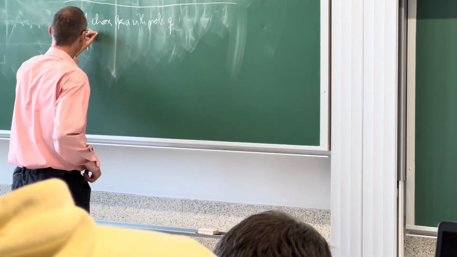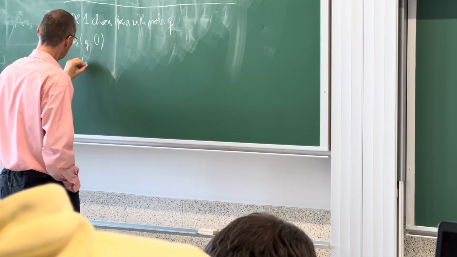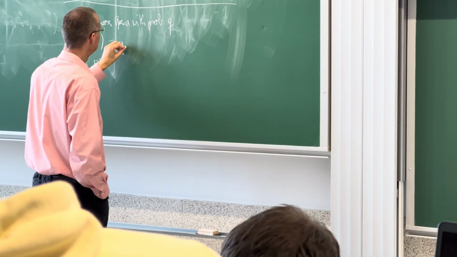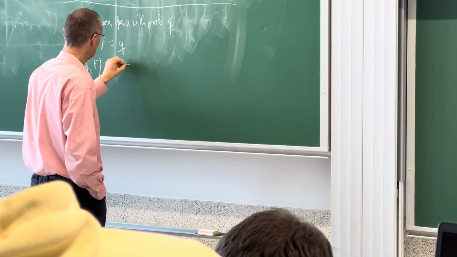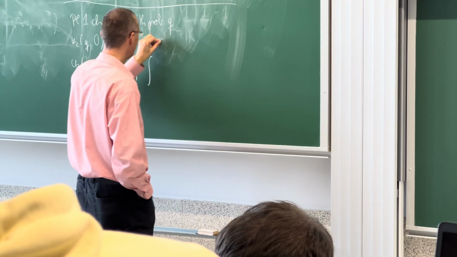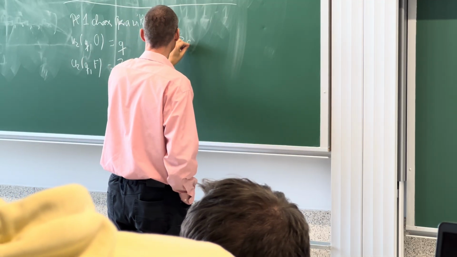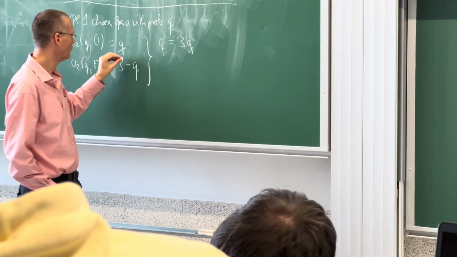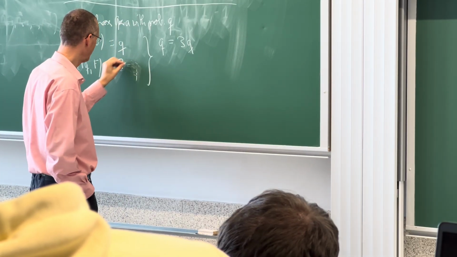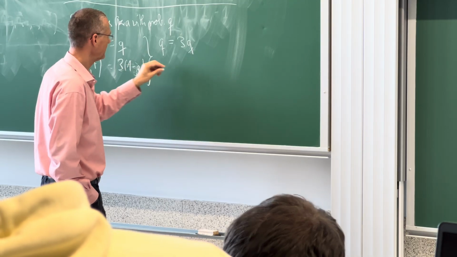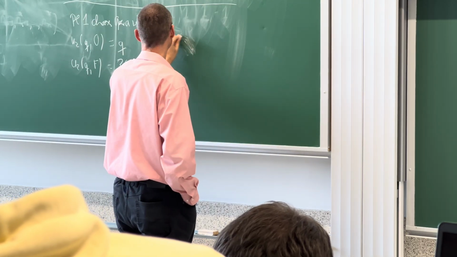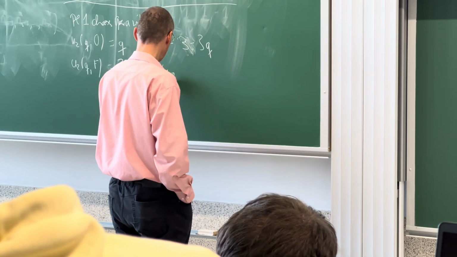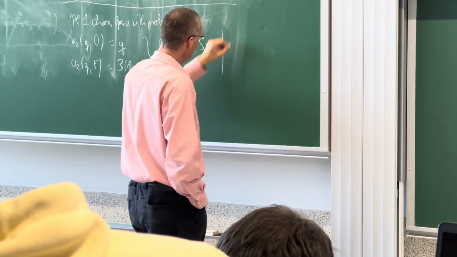Opera gives Q, and football gives 3 times 1 minus Q. Since the game is not symmetric, we get a slightly different result. So Q equals 3 minus 3Q, 4Q is 3, and this gives Q is 3 quarters.